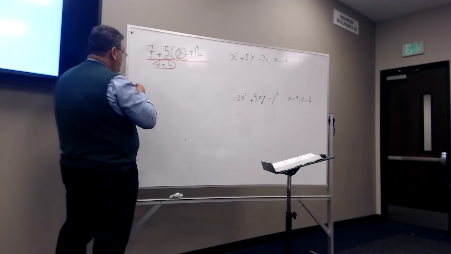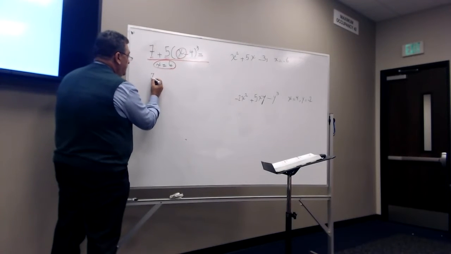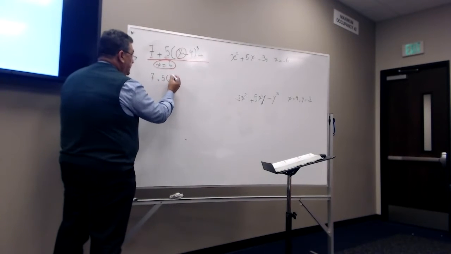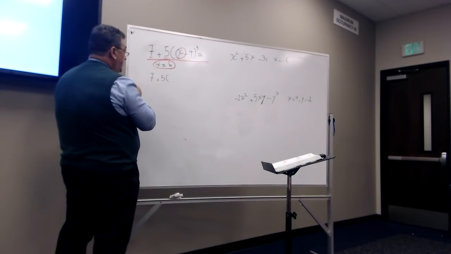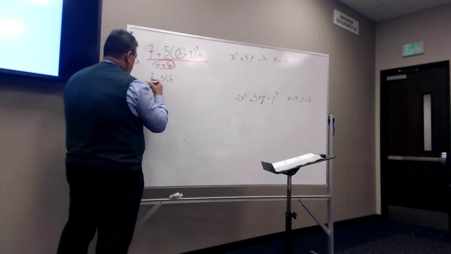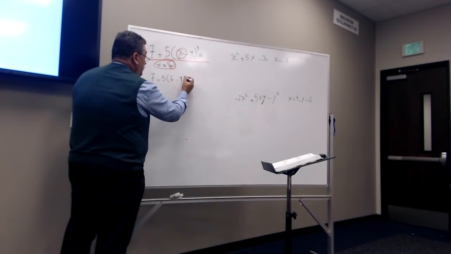So what do I do? You guys tell me. 7 plus 5, parentheses, then instead of x, I put down 6 minus 4, over 2.